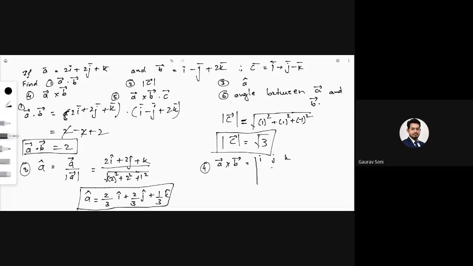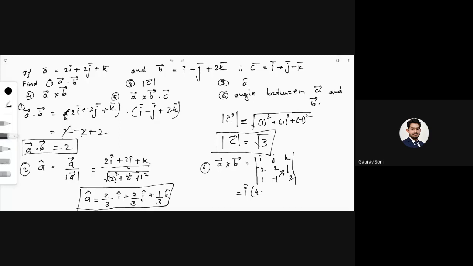Determinant. i, j, k. x1, y1, z1. So that is 2, 2, 1, 1, minus 1, 2. So we find out the determinant of this. i in bracket, this into this.